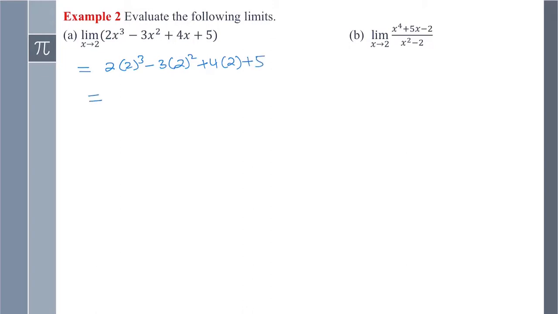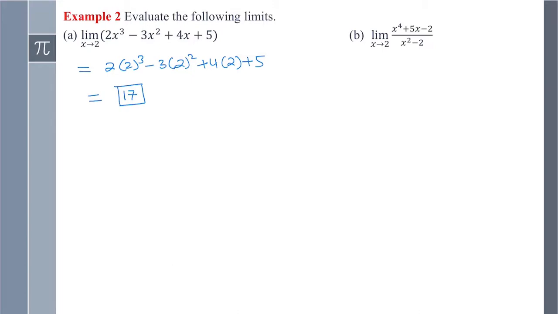If you simplify this or put it into the calculator, we'll get 17. And that's the limit. See how easy this becomes? If you had to draw the graph or make a table, that would be a lot of work. But now, with this rule, we can evaluate the limit of a polynomial function so easily.